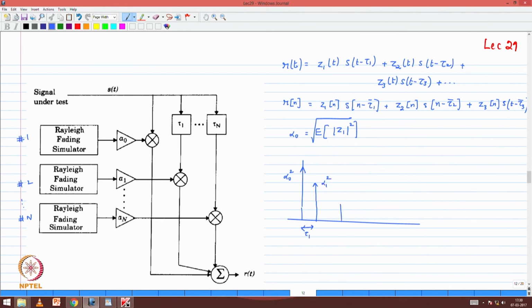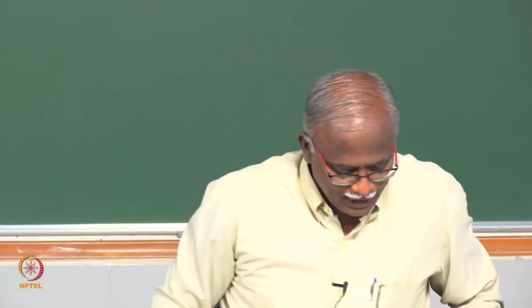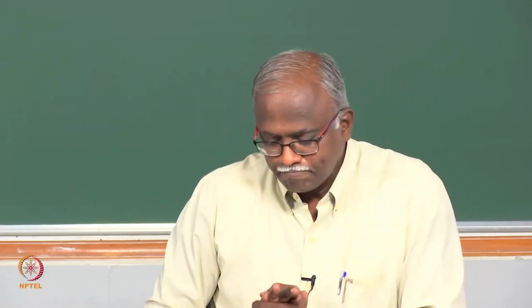Then there is a third multipath component at a delay of tau 2, which has alpha 2 squared. So this is what this figure is implementing. Each of these has Rayleigh statistics. So all of your channel impulse response coefficients have Rayleigh statistics.